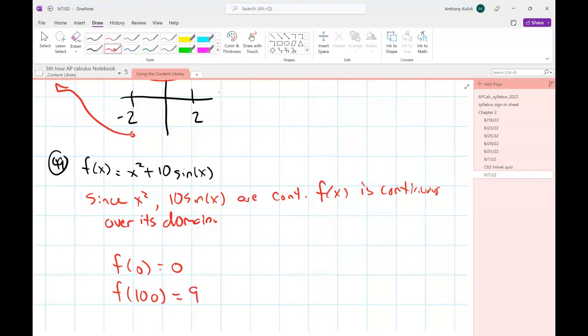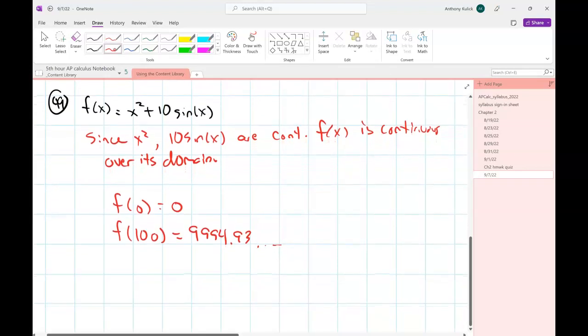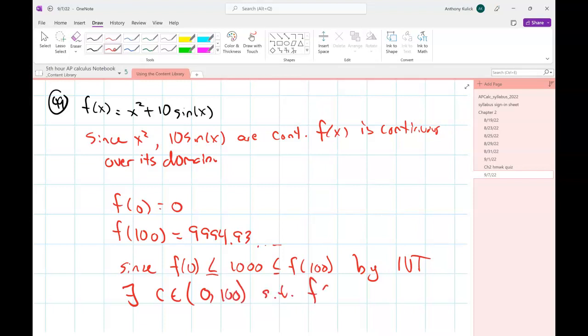So this is 9994, yada, yada, yada. So since f of 0 is less than or equal to 1,000, which is less than or equal to f of 100, by the intermediate value theorem, there exists c on the interval from 0 to 100 such that f of c equals 1,000.